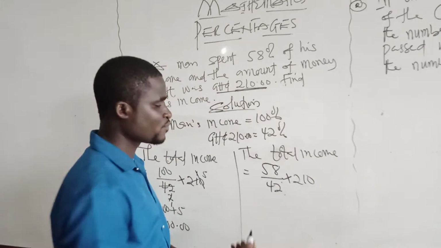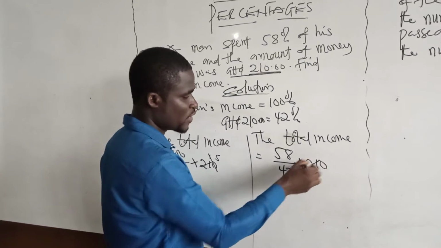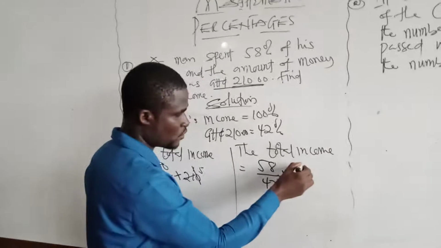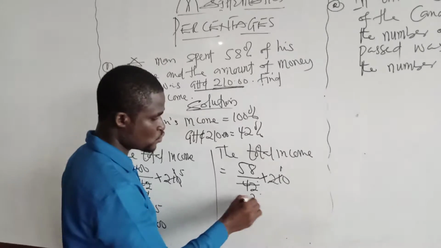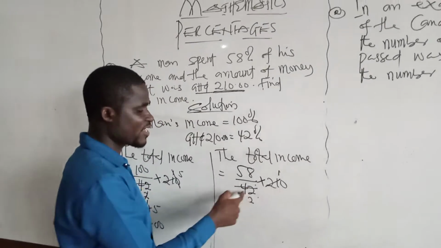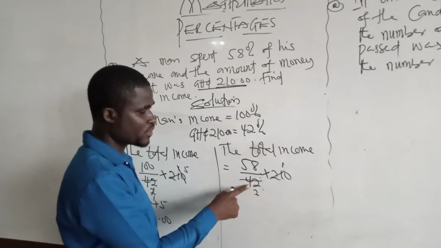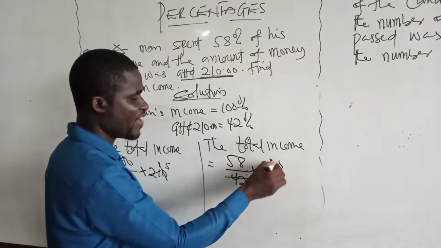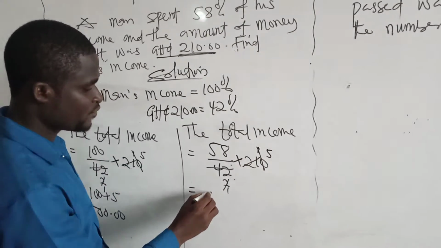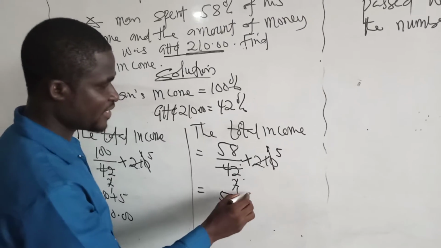Now let's cancel. We are going to have 21 goes here 1. 21 goes here 2, because 2 times 21 will give us 42. So take note. Now we have 10 here, so 2 goes here 1, 2 goes here 5. So we are going to have 58 by 5.